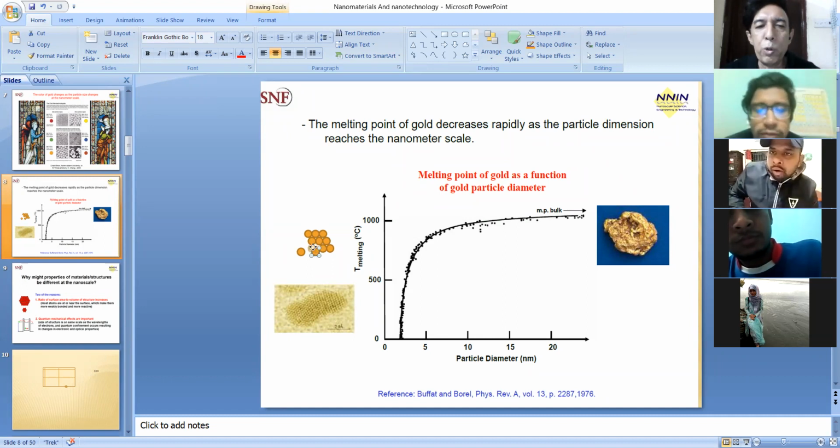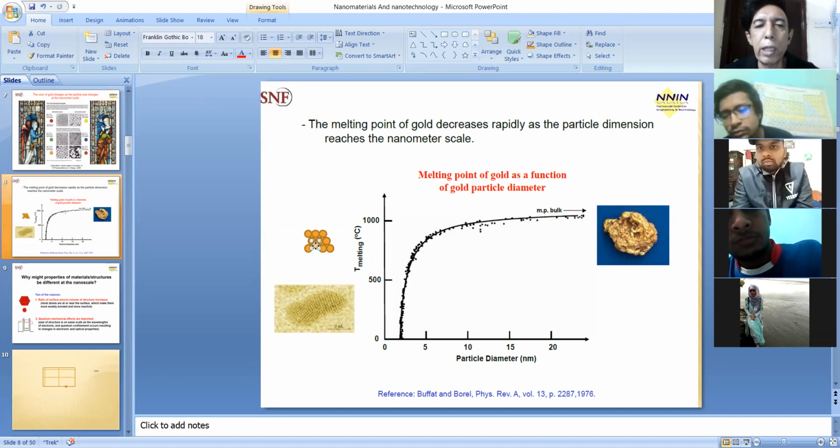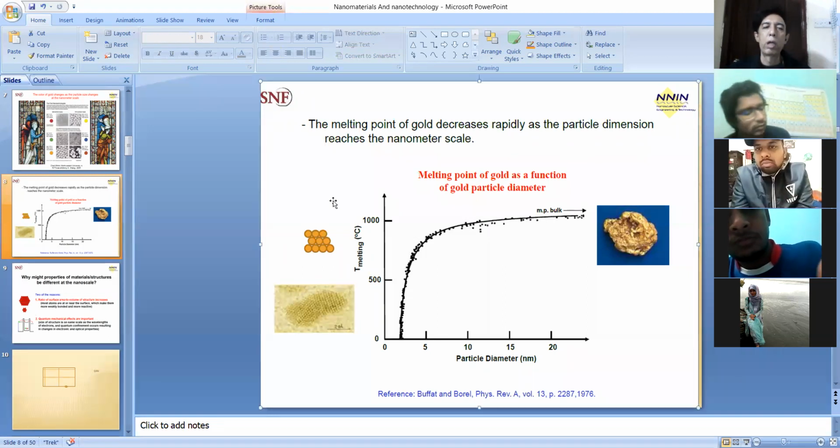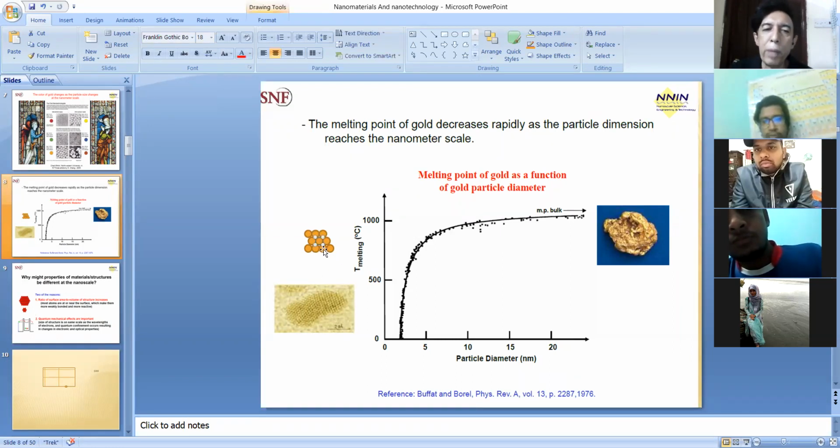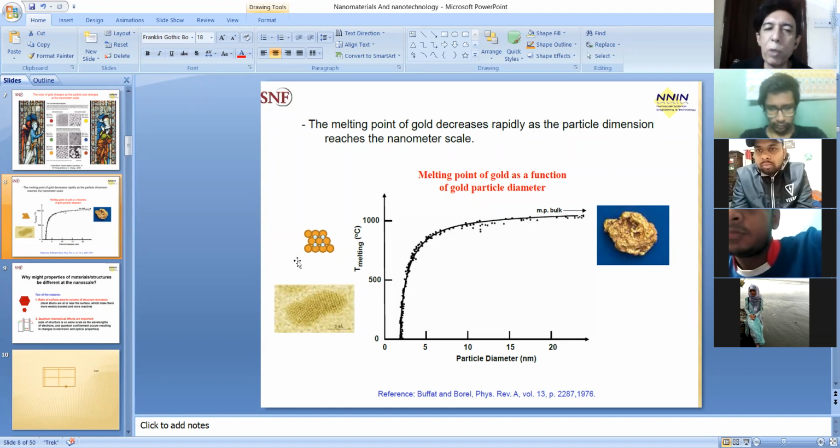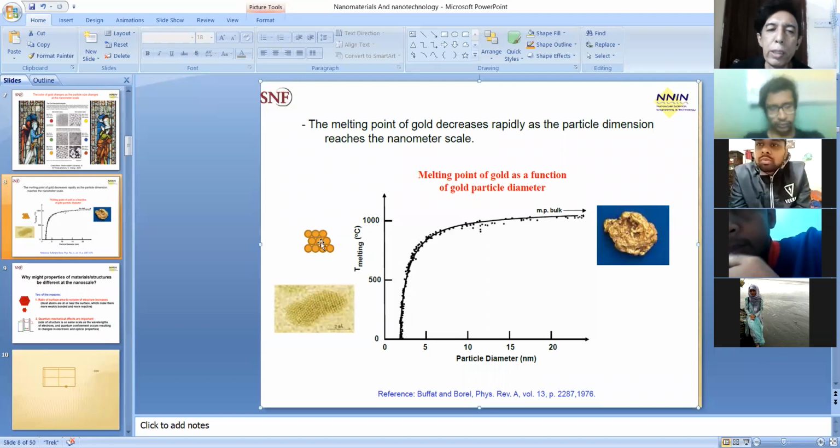Now, to make this atom and this atom apart from each other in the gold, I have to break a lot of bonds to bring it outside, because it is bonded with this, this, this, this, and inside this.